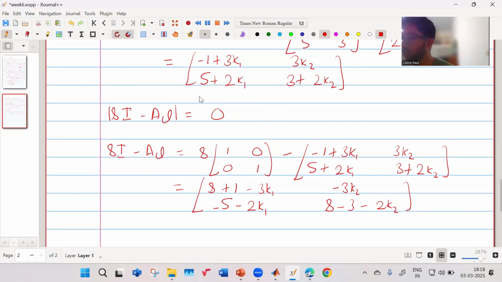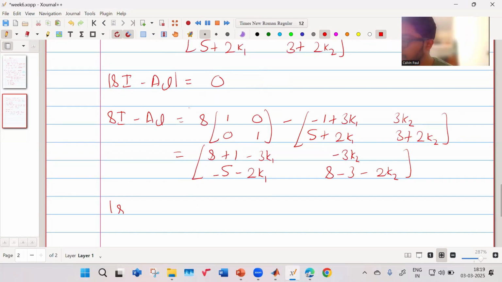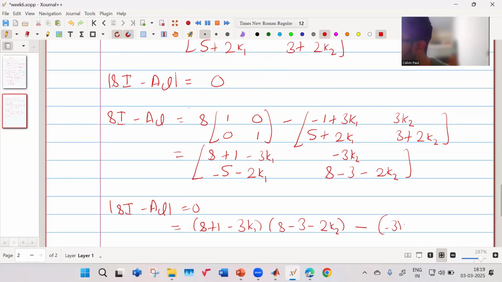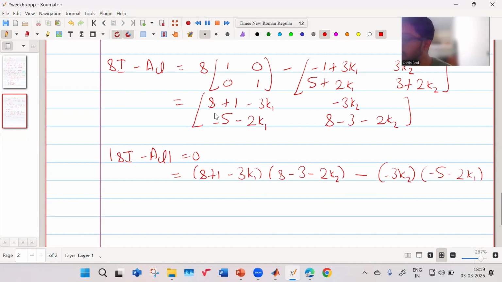Okay, this is my matrix. So now I have to find the determinant of sI minus a closed loop equal to 0. That is equal to (s + 1 - 3k1)(s - 3 - 2k2) minus (-3k2)(-5 - 2k1). Okay, so what does that become?